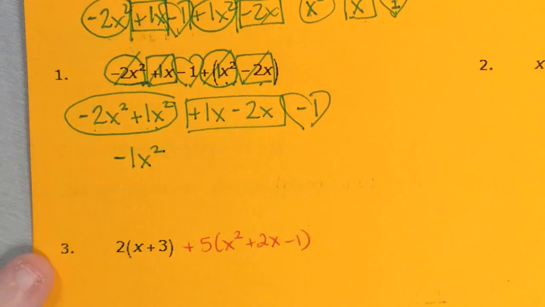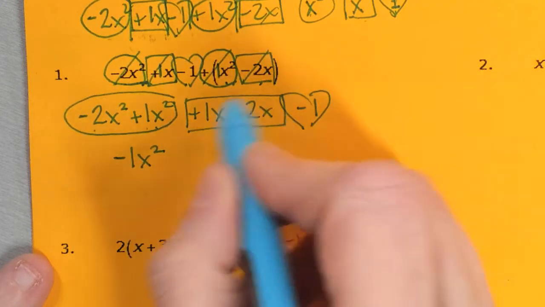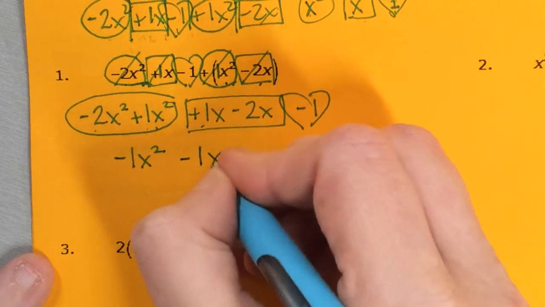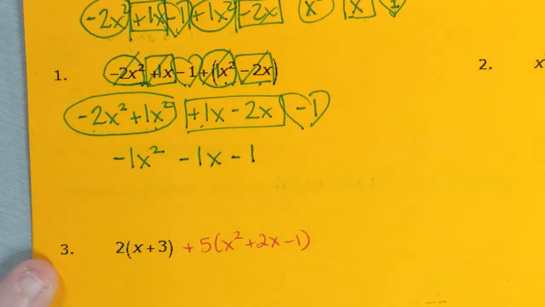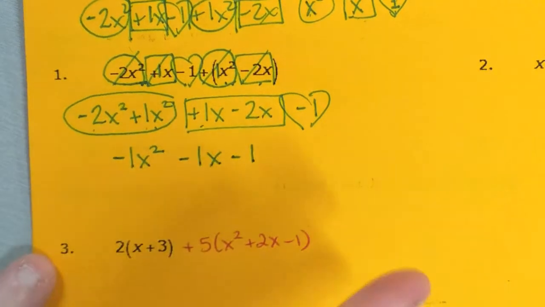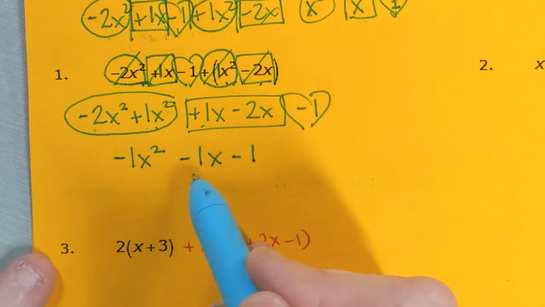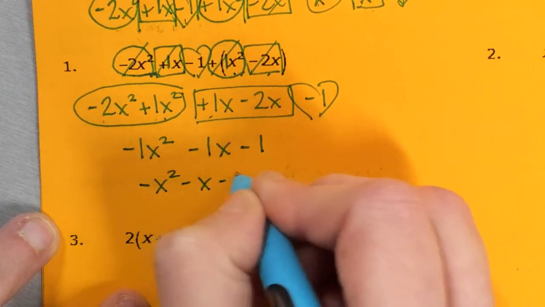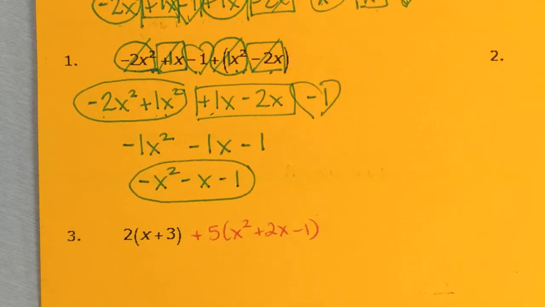Okay, this is my linear part because it's just x to the 1 power. 1 minus 2 is negative 1x for my linear term, and then I have a minus 1 for my constant. Now remember, we've got those invisibles. I don't need to leave these here as my invisible 1 coefficient. So my final answer would be negative x squared minus x minus 1. All right? So that's how I do it.